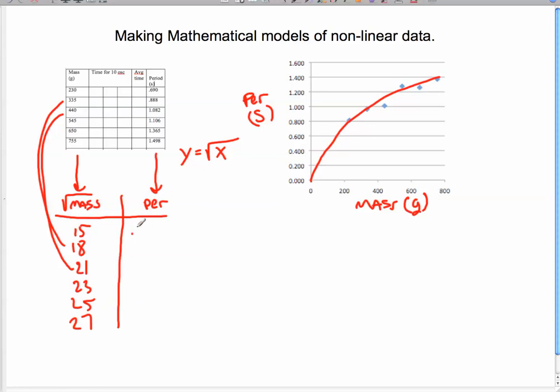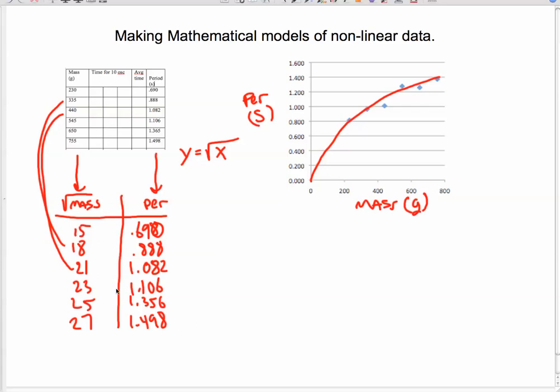I'm going to bring the periods down directly. Now the reason I took the square roots is because this kind of shape is a square root function. And so it turns out if I take the square root of the mass, then in fact what I'm going to get is a set of data that will plot linearly.